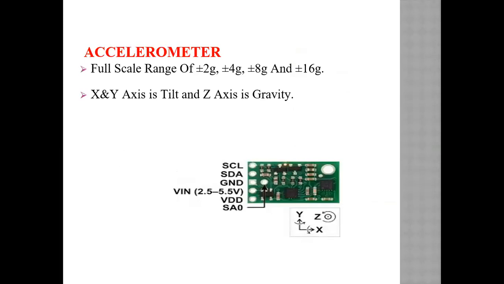Coming back once again to another sensor, the accelerometer. In most automobiles, we have accelerators which are controlled with an embedded system, so accelerometers are employed here. The range is given here, and the XY axis is tilt and the Z axis is gravity.